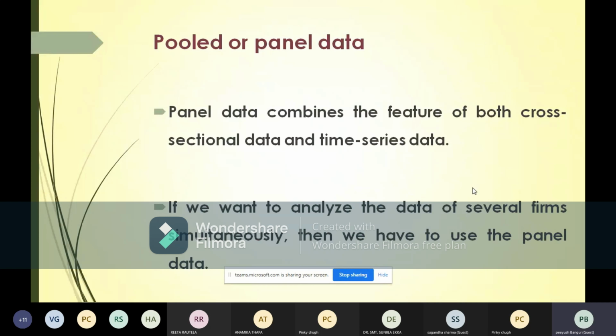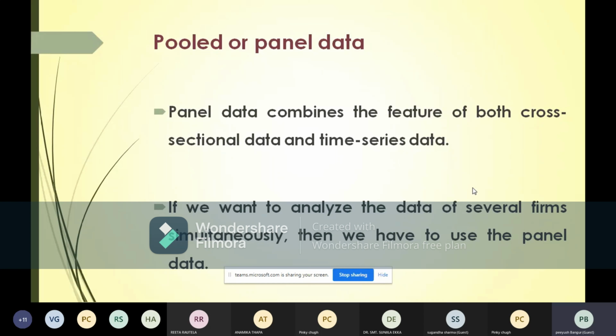If we want to analyze the data of several firms simultaneously, then we have to use panel data. See, there are 1600 companies listed in the National Stock Exchange, and 6000 companies listed in the Bombay Stock Exchange. So if I want to analyze 50, 60, 70 companies at a time, panel data is the only solution.